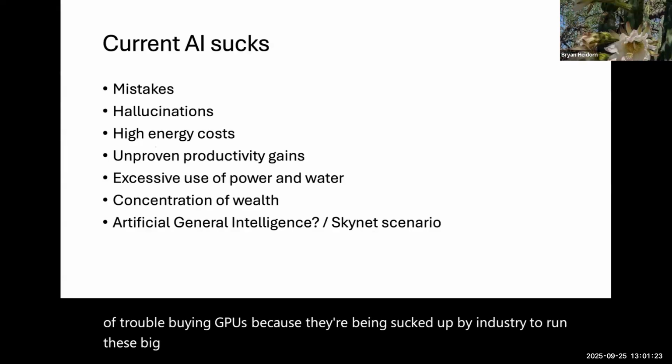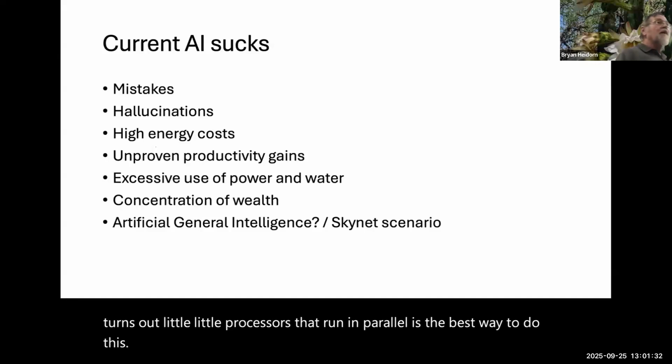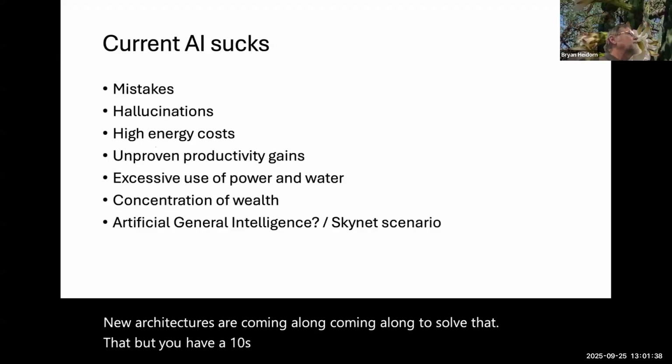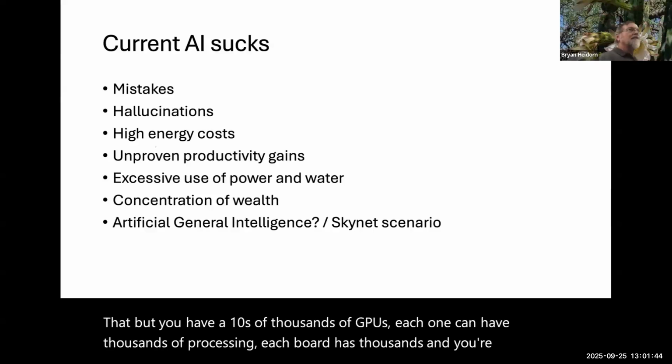They were originally designed for the game industry, but it turns out little processors that run in parallel is the best way to do this. New architectures are coming along to solve that. But you have these tens of thousands of GPUs. Each board has thousands of processing units, and you're putting thousands of boards together.